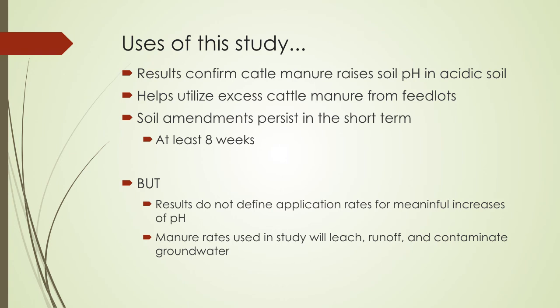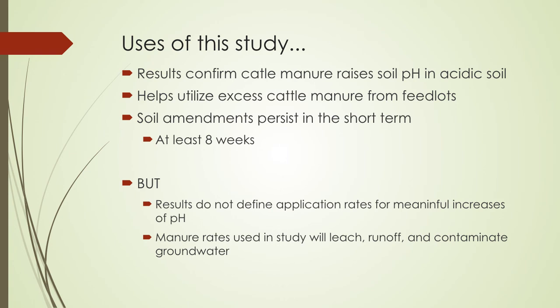So for uses of this study, this is a very useful study that they conducted, mainly because there's a need in the farming community, because they have this excess of cattle manure that you have to get rid of without contaminating the soil, so it just doesn't pile up and become a problem.